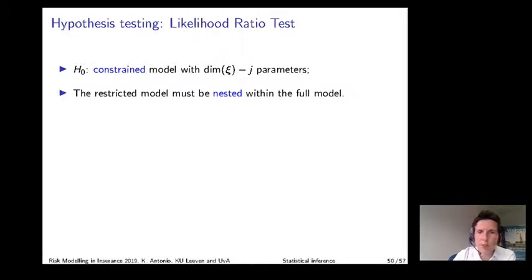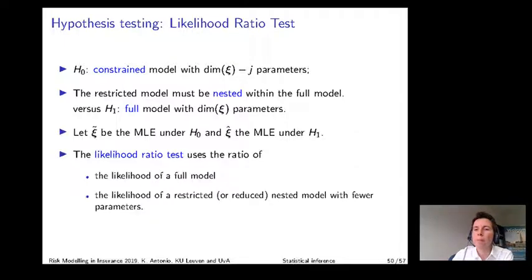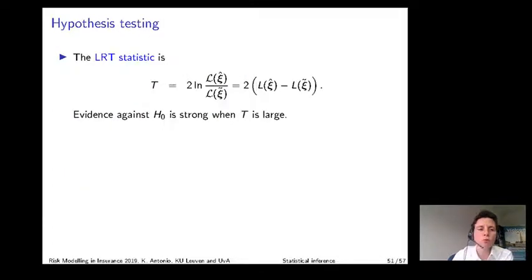Let xi tilde be the maximum likelihood estimator under the null hypothesis, and xi hat denote the maximum likelihood estimator under the alternative. The likelihood ratio test then uses the ratio of the likelihood of the full model and the likelihood of your restricted or reduced nested model. This likelihood ratio test statistic then equals 2 times the log of this ratio.